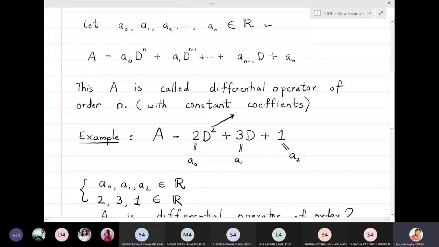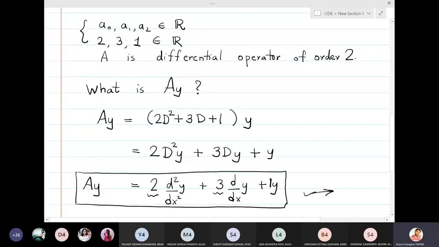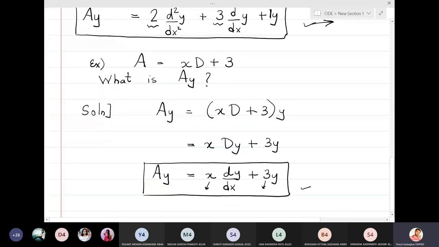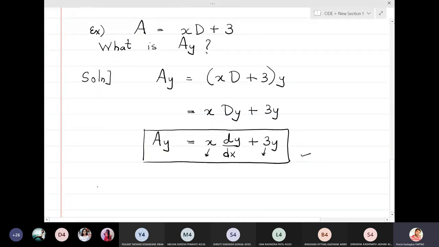But they can be functions of x also. In this case, for example, this A is a differential operator with variable coefficients.